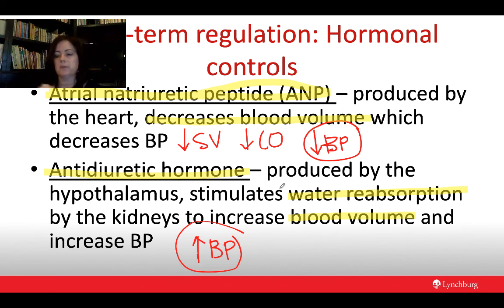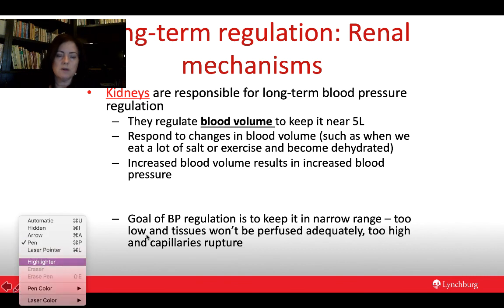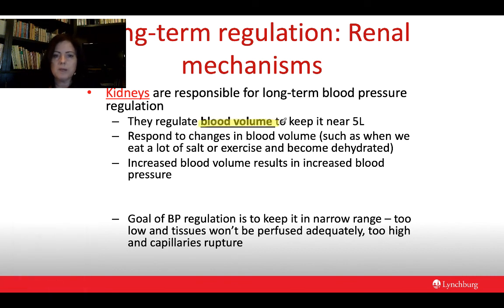Okay, and then in terms of long-term regulation, we've got our kidneys. And kidneys are responsible for adjusting blood volume, and they like to keep it as close to 5 liters as they can. And we like to keep it within those narrow ranges.